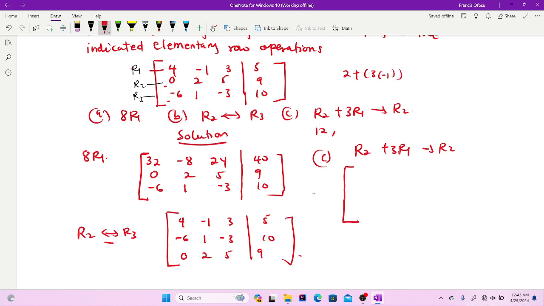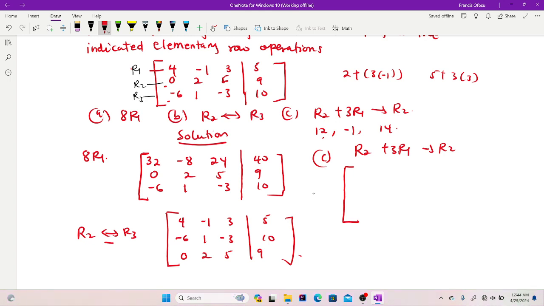So -3 plus 2, you get -1. Then the third one will be 5 plus 3 times 3, 9, 14, right? Yeah, 14. So now this whole thing is giving us these entries 12, -1, then 14.